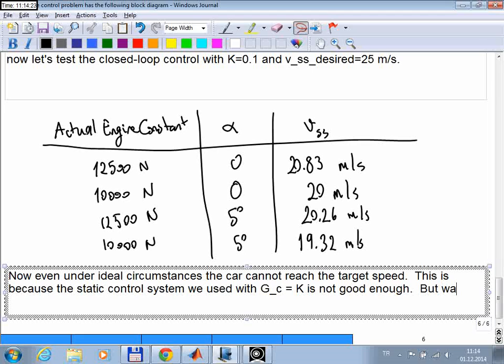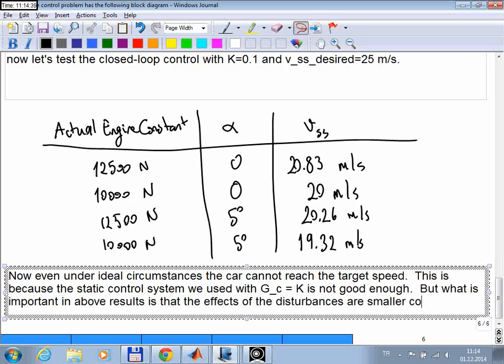But what is important in the above results is that the effects of the disturbances are smaller compared to before.